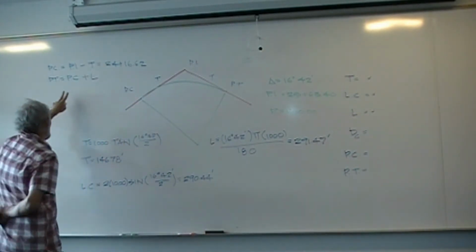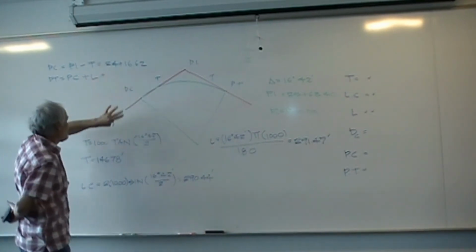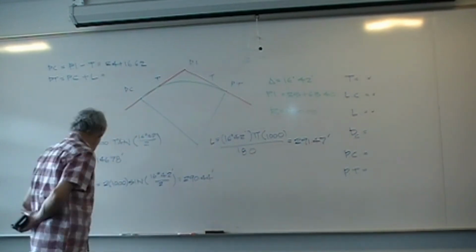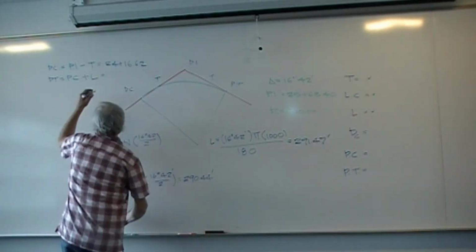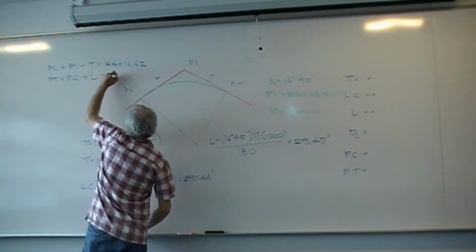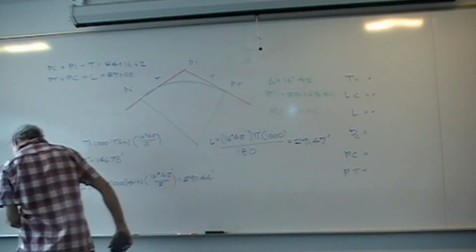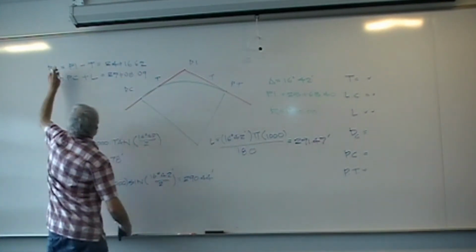Okay? So it's always going to be PC plus L. So in this case, we're taking 24, 16, 62, and we are adding to it the 291.47. Plus 0.8, 0.9. So that gets us that.